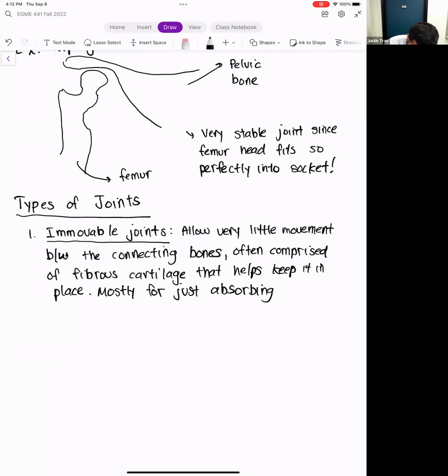Another example would be the joints in between your rib cage. These joints exist between distinct bones, but they're not designed to move.